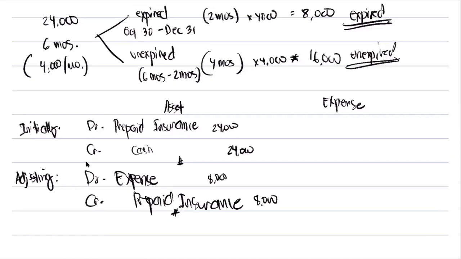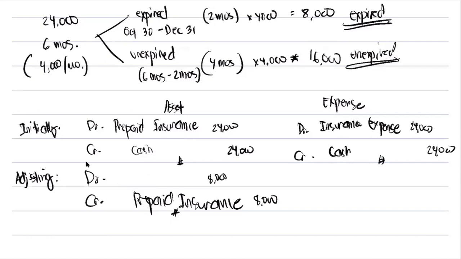How about in our expense? So, in our expense, initially, you will debit it as an expense. So, debit, insurance expense. Credit, cash, 24,000 pesos. Okay? So, we debit an insurance expense and we credit cash. Okay. In our adjusting, what is our adjusting?